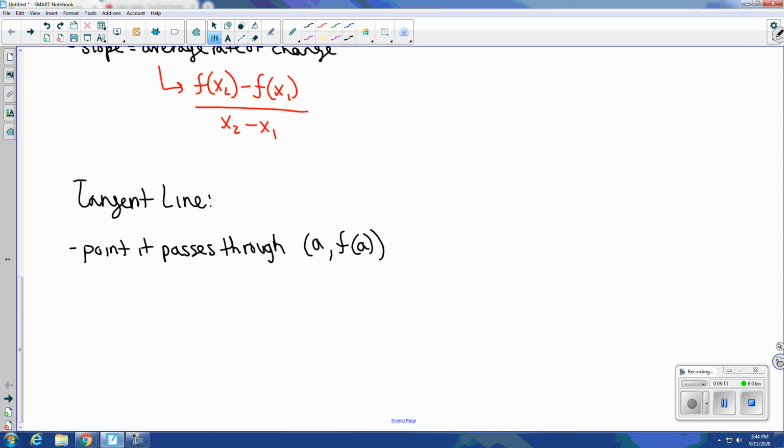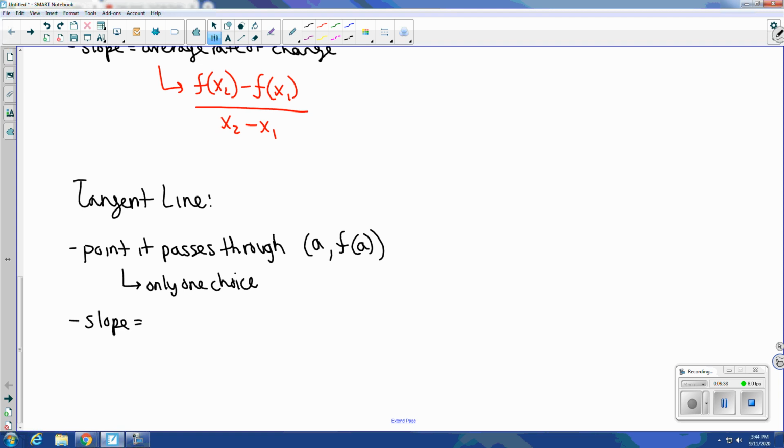Again, you may be required to find out what f of a is, and you just do that by evaluating the function f at a. However, we don't have a choice here, we only have one choice, because a tangent line passes through only one point, so there's no wiggle room for that.